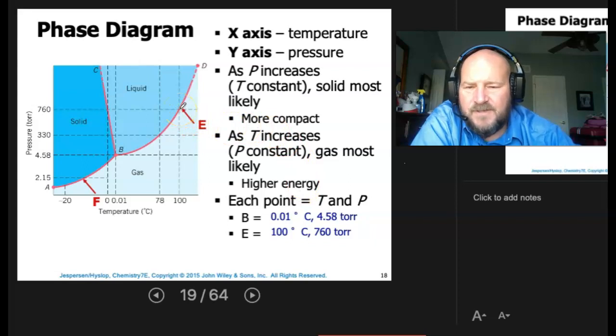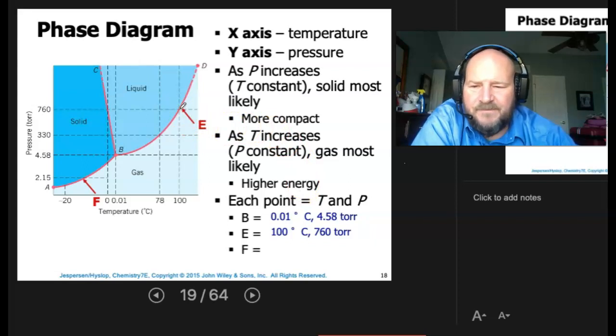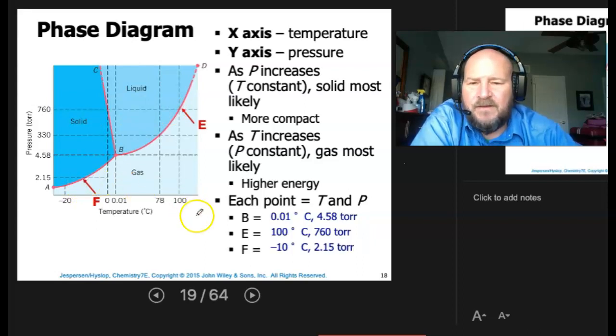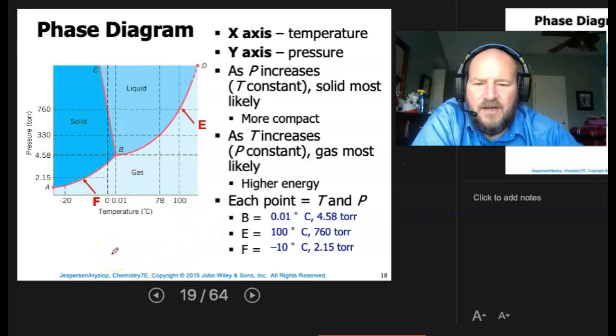Okay. At point F, -10, 2.15. So we have our critical points, we have our critical temperature, our critical pressure, and then of course our triple point.